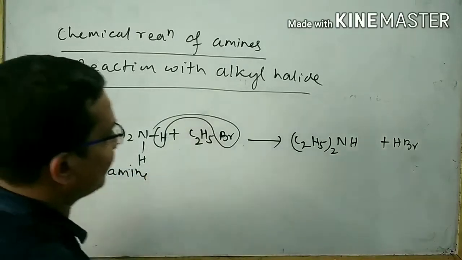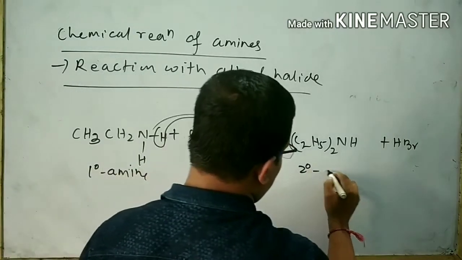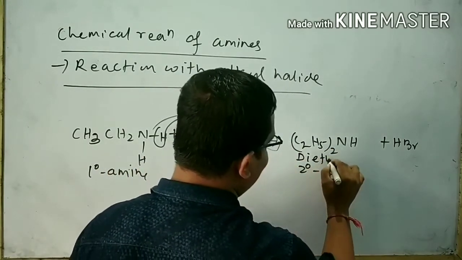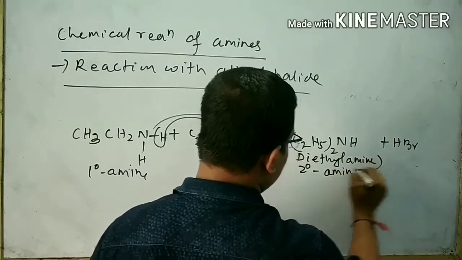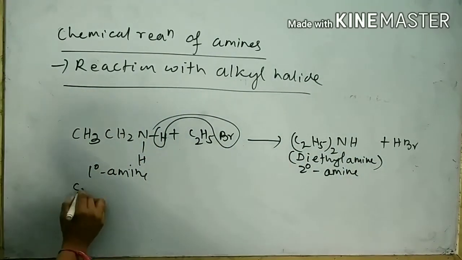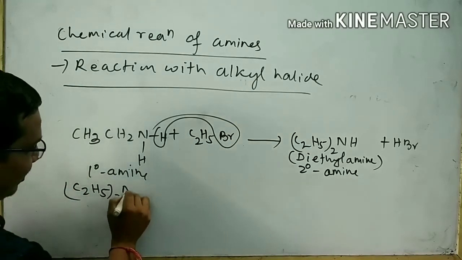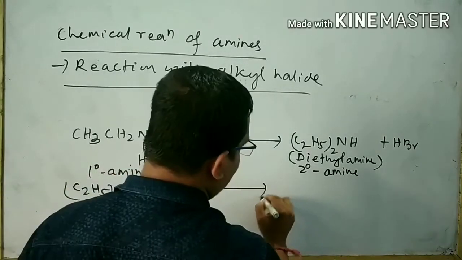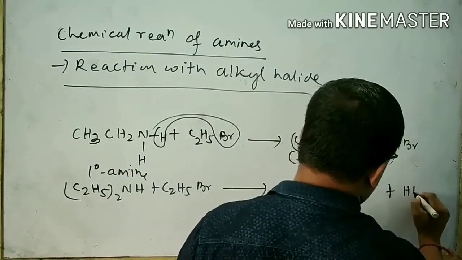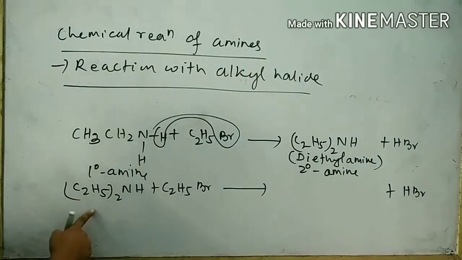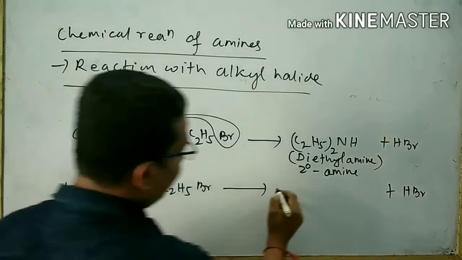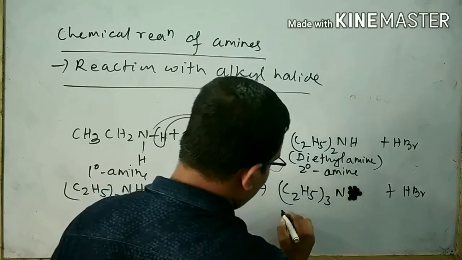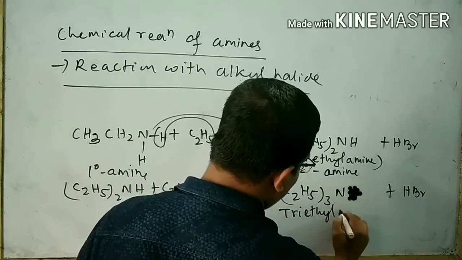That means when a 1-degree amine is treated with the alkyl halide, a 2-degree amine is formed. The name of this compound is diethylamine. Again, when diethylamine is subjected to reaction with another ethyl bromide molecule, one HBr molecule is removed, and the 2-degree amine, diethylamine, is converted into triethylamine.